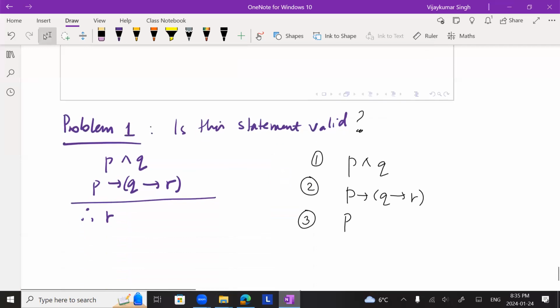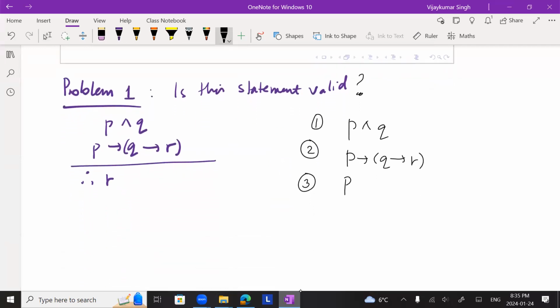So P and Q, therefore P, from the first one and conjunction. And that's why it's important to name them, because once you start doing it this way, you will get a complete handle of it. Okay, one and conjunction.